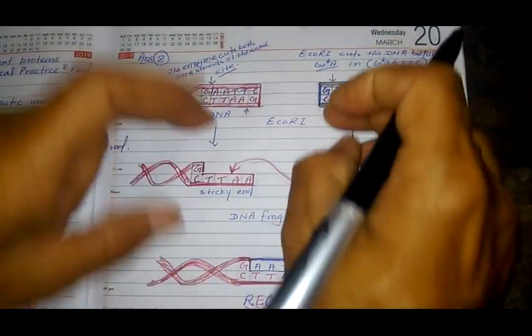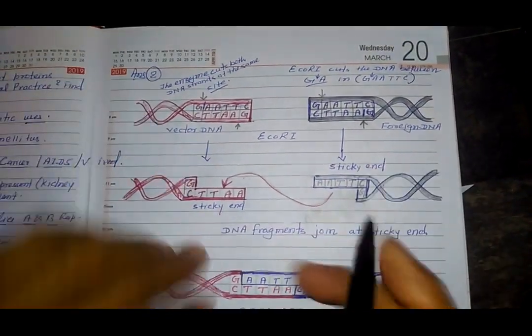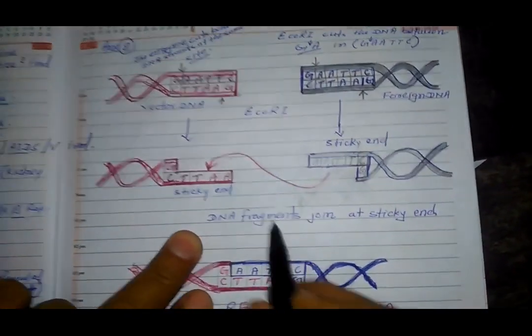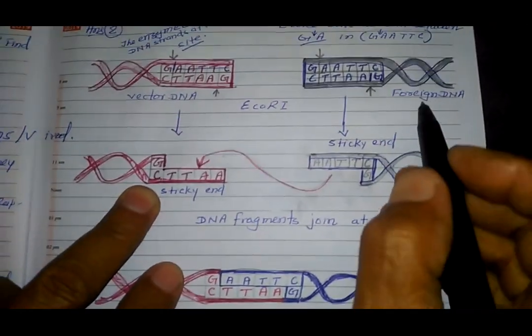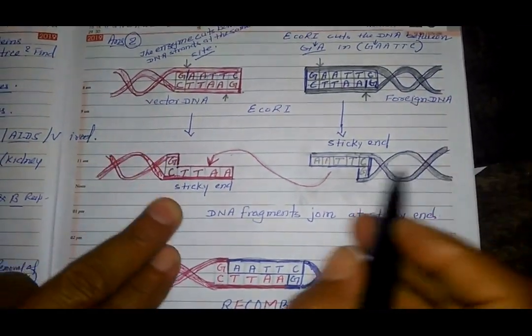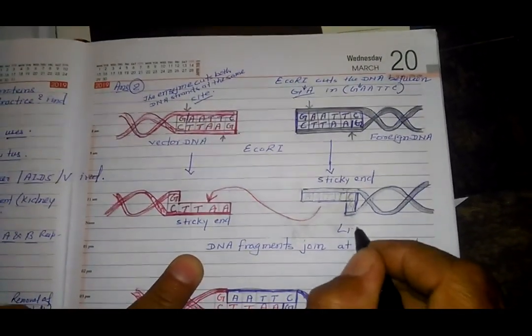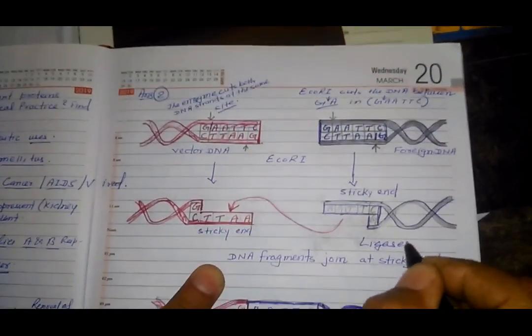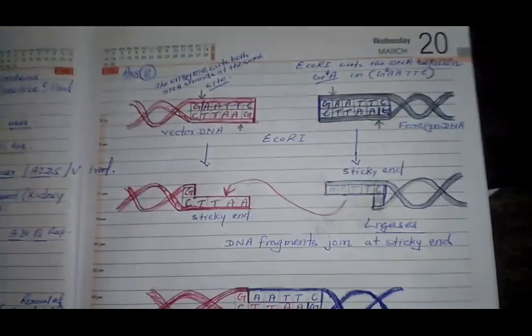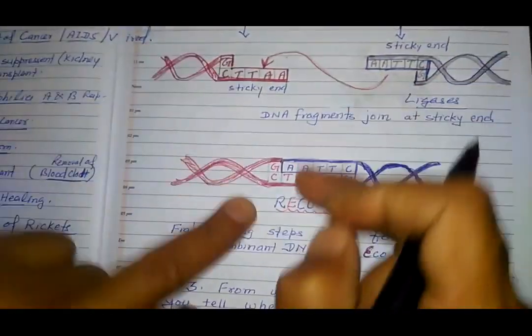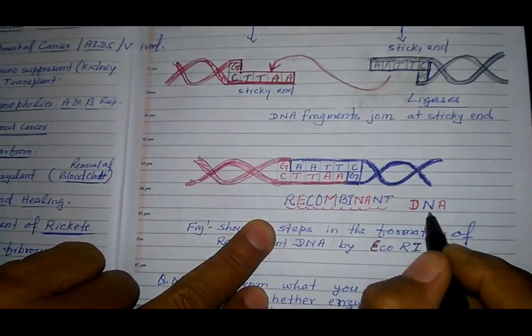After removing, what is left is the fragments of foreign DNA as well as vector, and they are joined together with the help of the enzyme ligase. The ligase enzyme is used to join them, and the sticky ends join together to make a recombinant DNA.